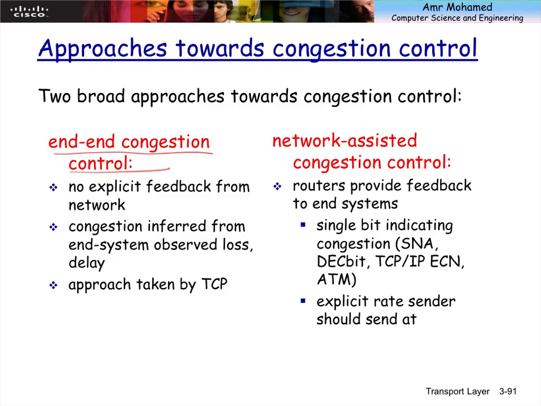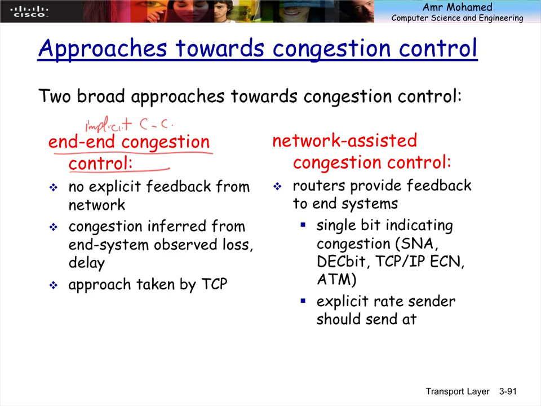There is end-to-end congestion control, or what we call implicit congestion control. What that means is I don't have full visibility of the network, but I can get some implicit indication that there might be congestion. That's what TCP does, typically.